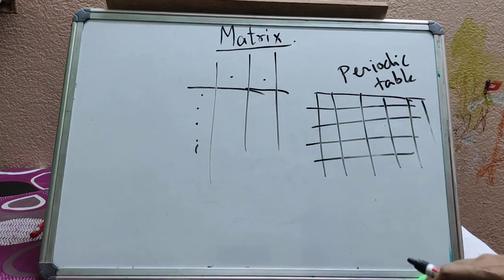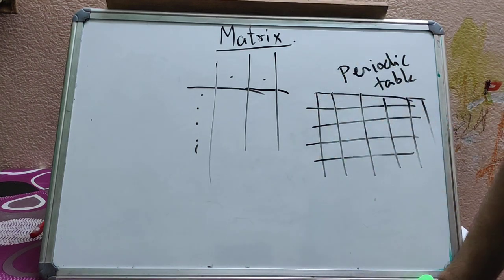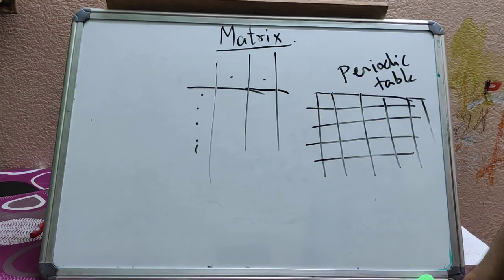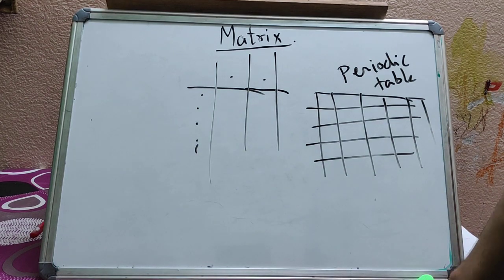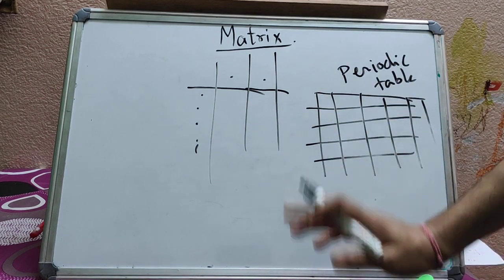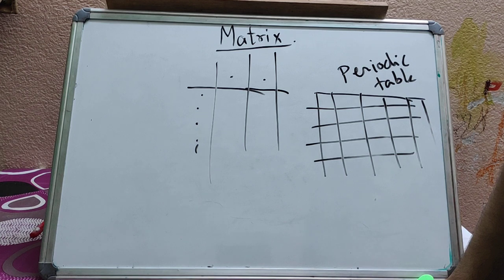So these are matrices. These tables are called matrices. Now here we will see in mathematics what is a matrix and how it will be used for other purposes, other branches in sciences.